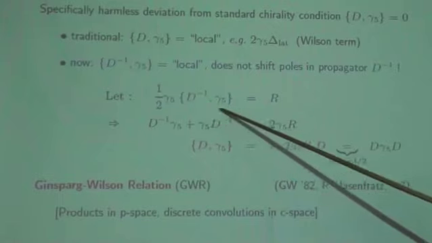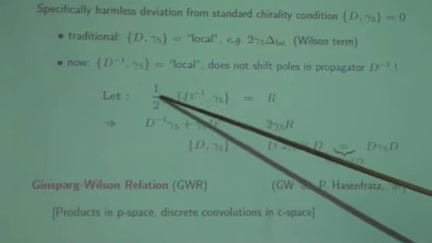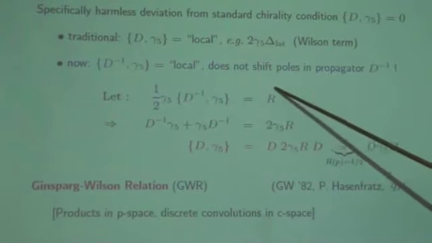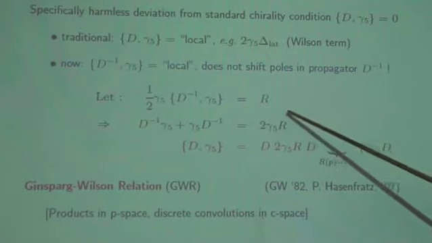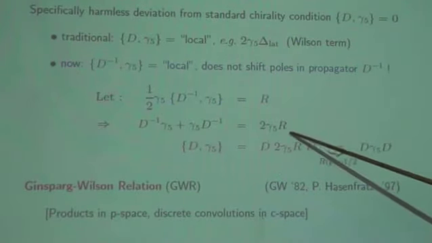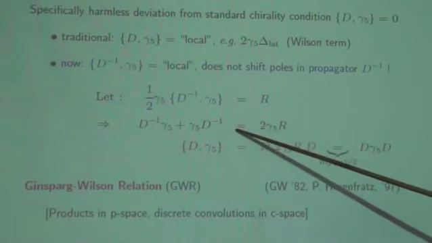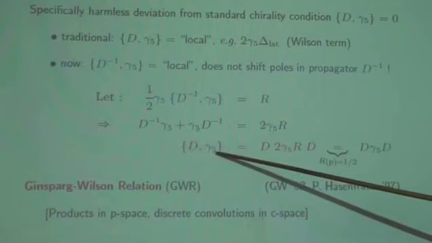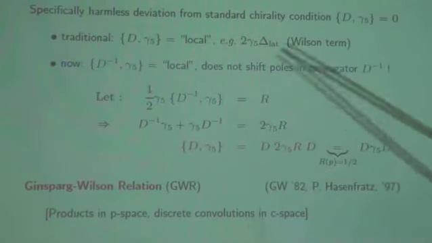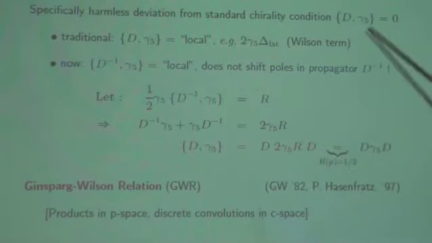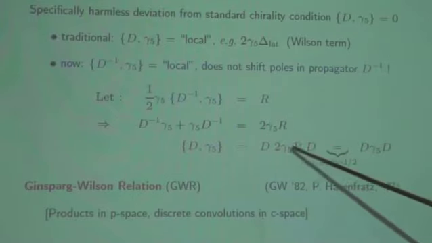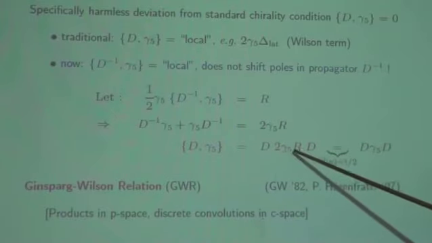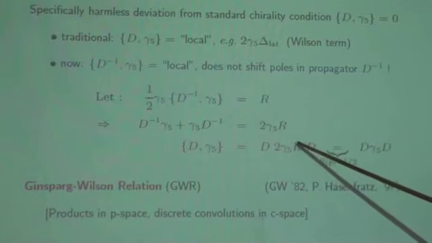So we have here this anticommutator, and I still multiply it with such a factor, and I call this a local term R. Now I can take this factor to the other side, and then I can multiply with D from the left and from the right. Then I get here the anticommutator of D and gamma 5, which is now not 0, but it is two D's which sandwich a gamma 5 and such an extra term.